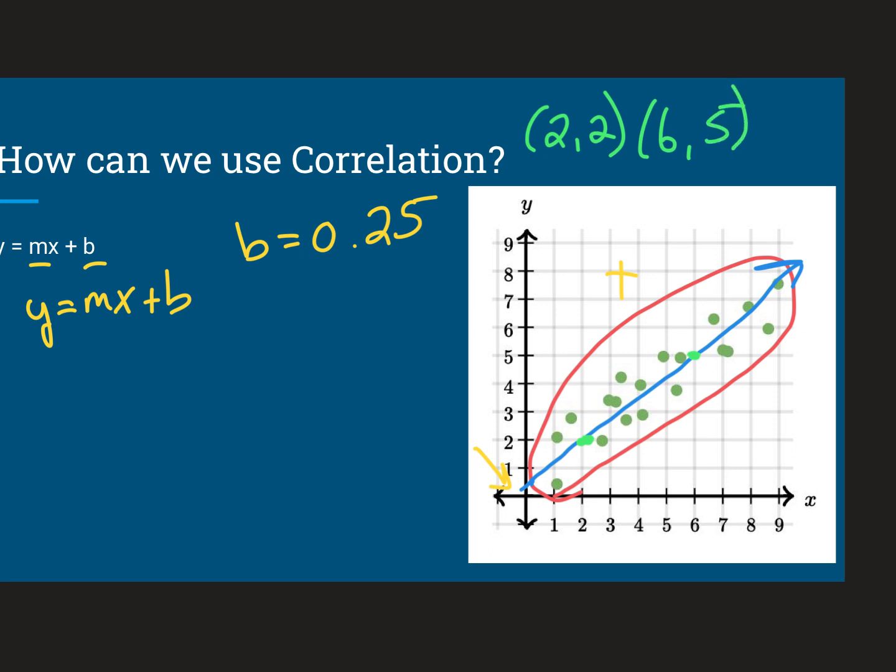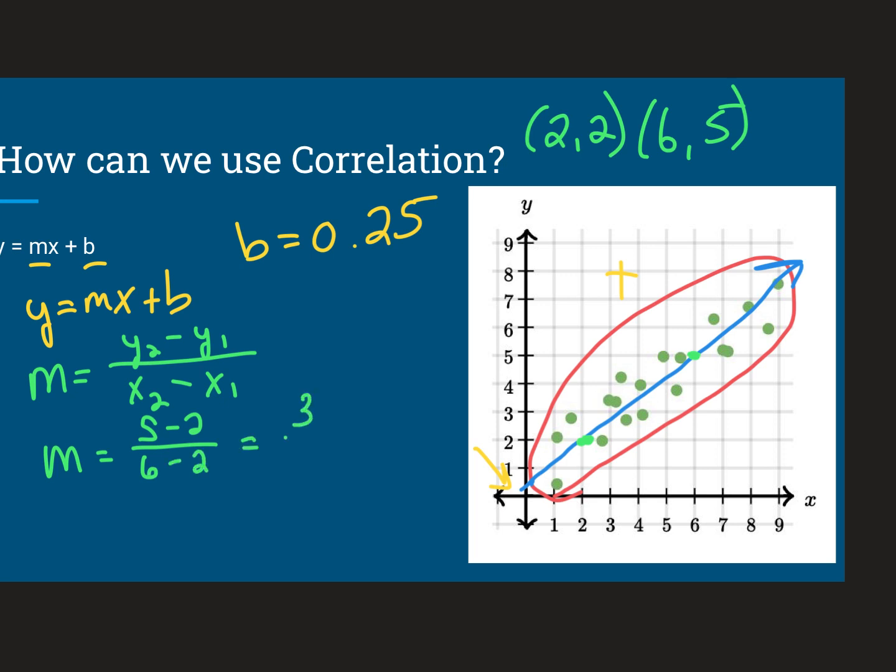Remember, to find our slope is change in y over change in x, so y2 minus y1 over x2 minus x1. So in this case, m equals 5 minus 2 over 6 minus 2. 5 minus 2 is 3. 6 minus 2 is 4. So my slope is 3/4.